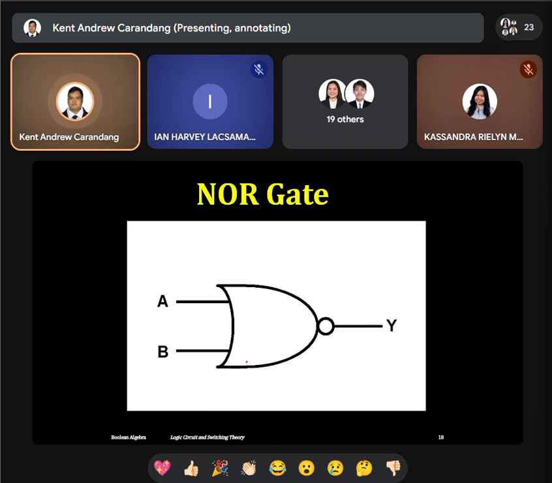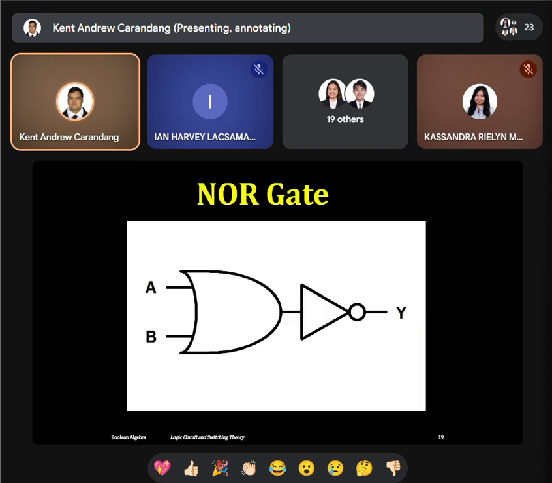Just remember the schematic for the NOR gate has a bubble, which indicates that it is NOT OR, the opposite of the output for the OR part. It can also be written like this: this is a NOT gate, this is an OR gate, and if we combine these two, this is the NOR gate.